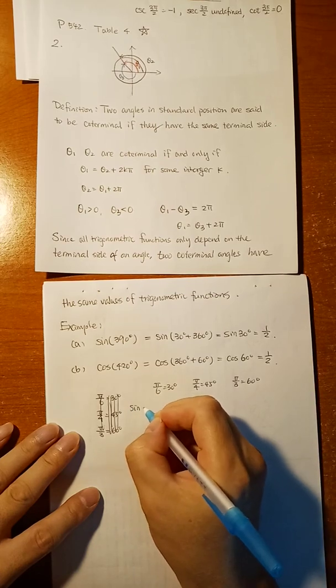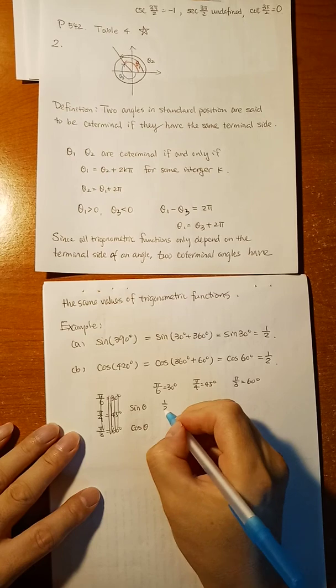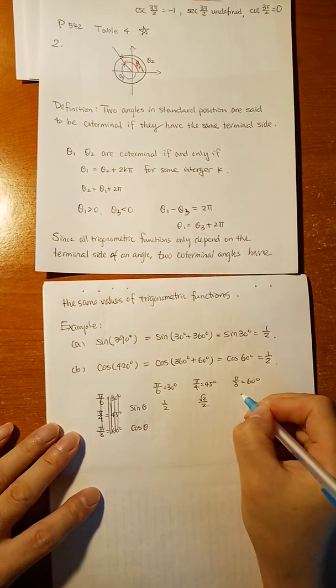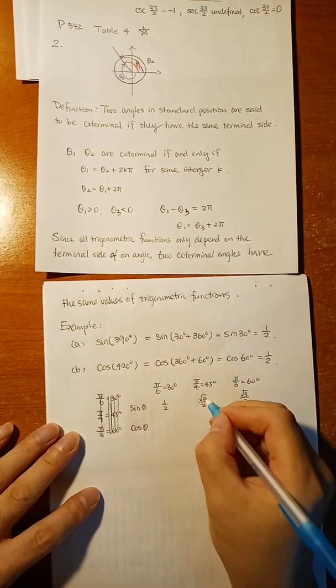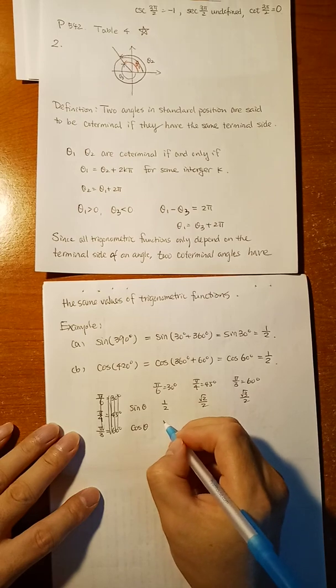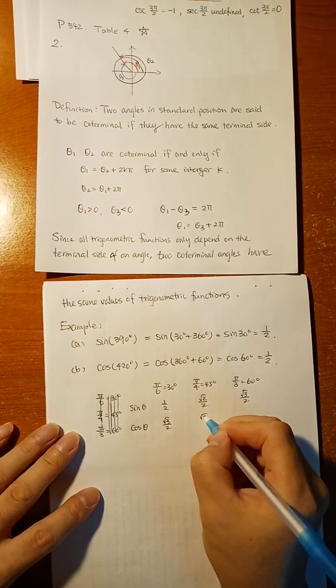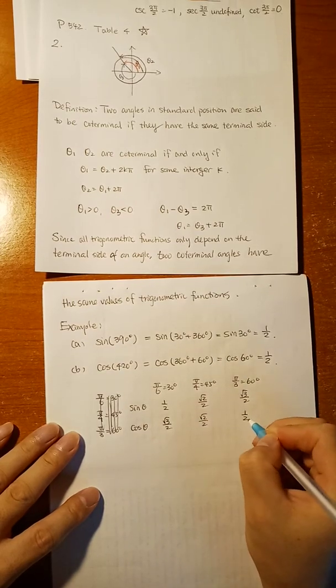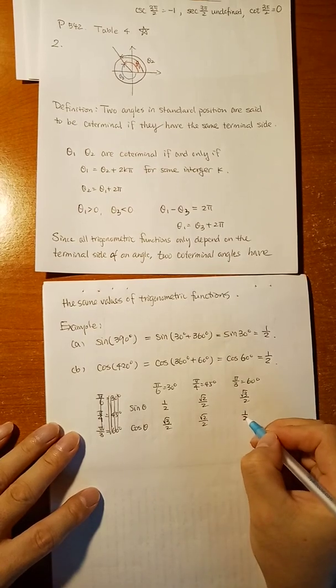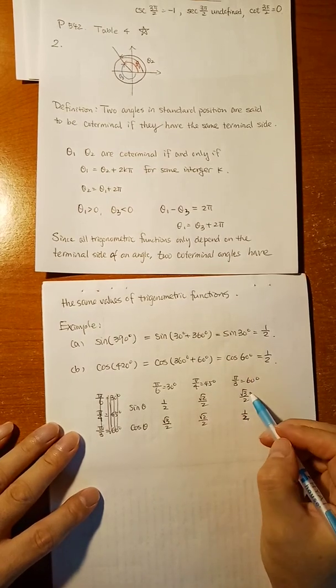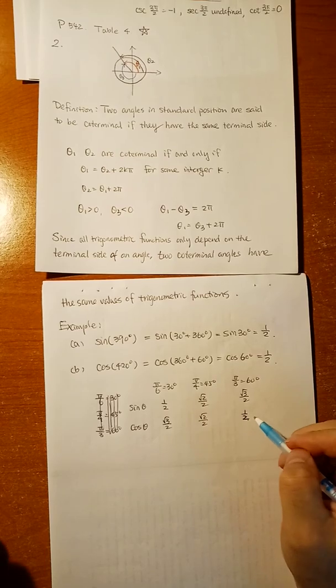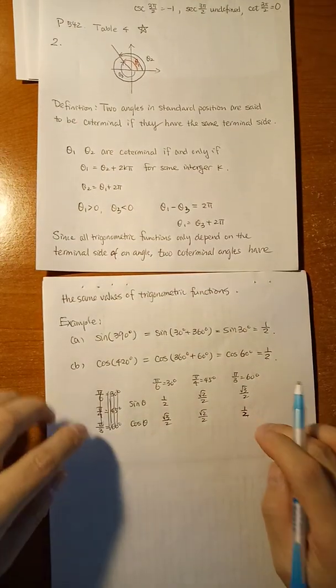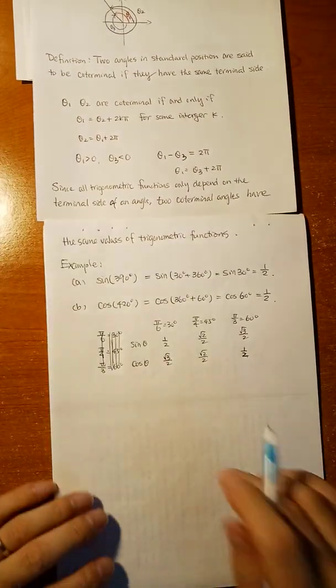Sine, cosine. So here's 1/2, root 2 over 2, root 3 over 2, and 1, 2, 3. Here is root 3 over 2, root 2 over 2, 1/2. 3 to 1. Okay, 60 is pi over 3. It's 1/2. Okay, keep this in mind. It's a simple table. It's not difficult to memorize.